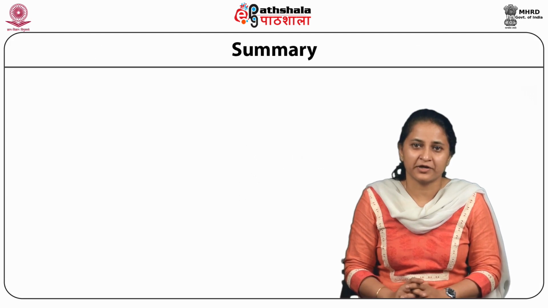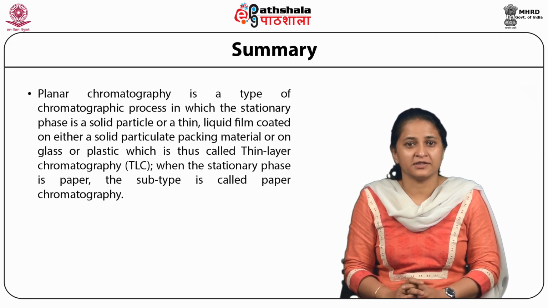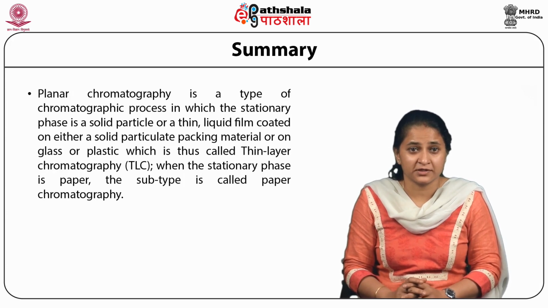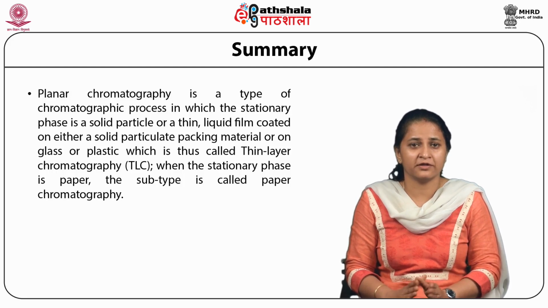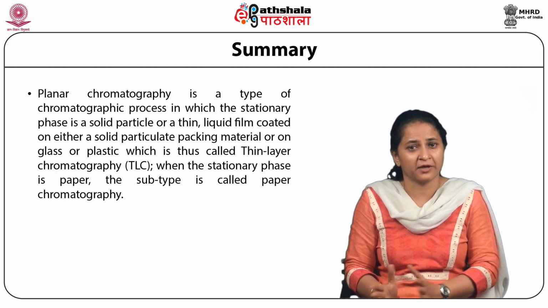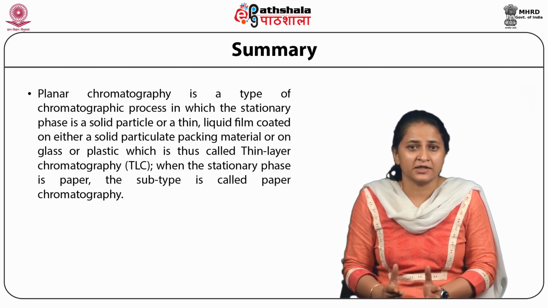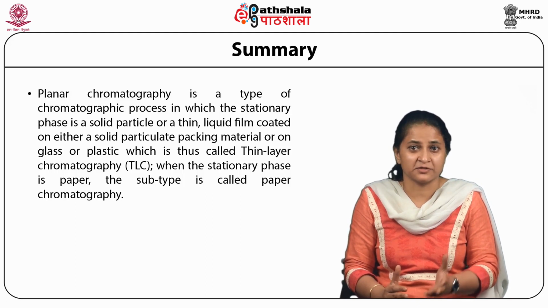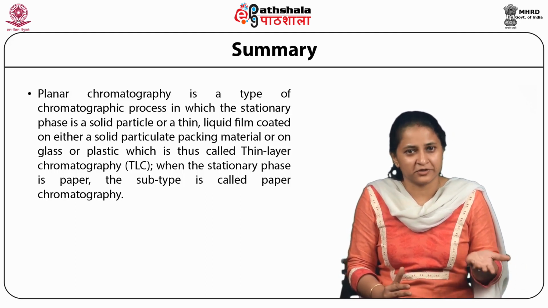So let us now summarize what we've learned in this module. Planar chromatography is a type of chromatographic process in which the stationary phase is a solid particle or a thin liquid film coated on either a solid particulate packing material or on glass or plastic. When it is a solid particle such as paper, which is basically cellulose, then it is called paper chromatography.